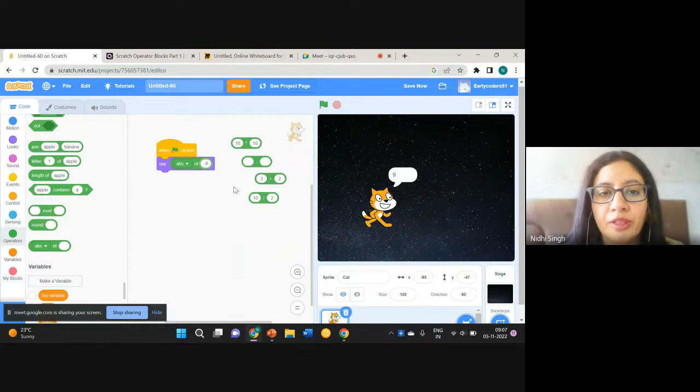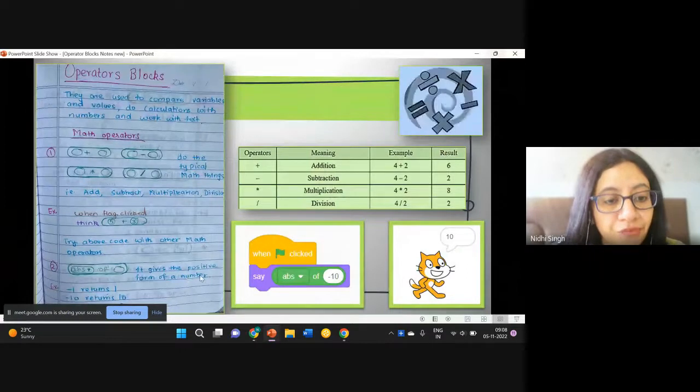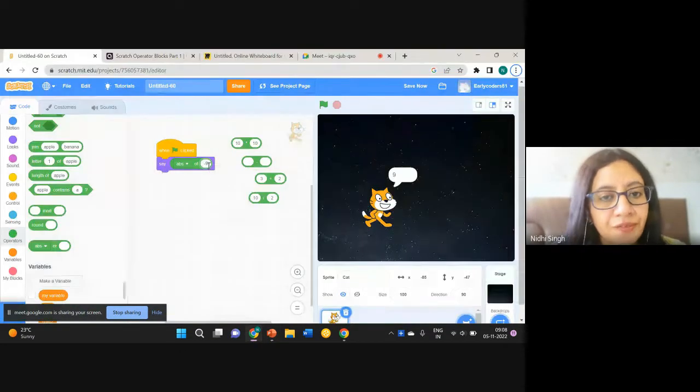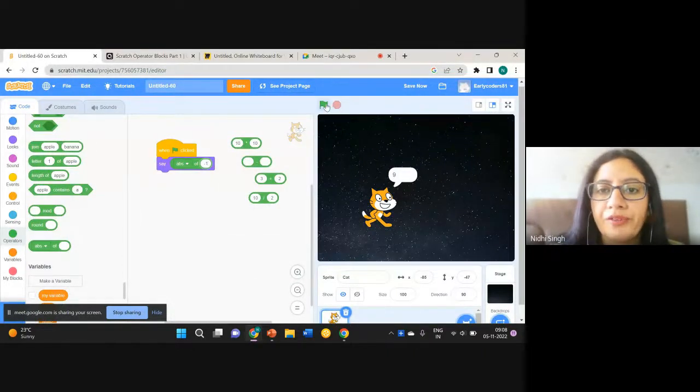So I'm giving input as -9 and absolute of -9 is 9. So it will just remove the minus sign and give you the positive one. So it gives the positive form of a number. Whatever negative number you type here, it will just give you the positive form.